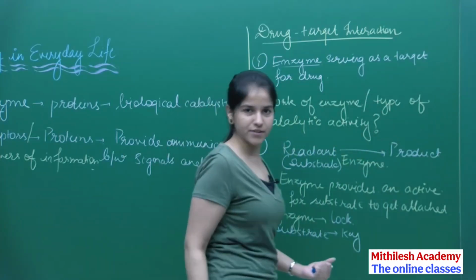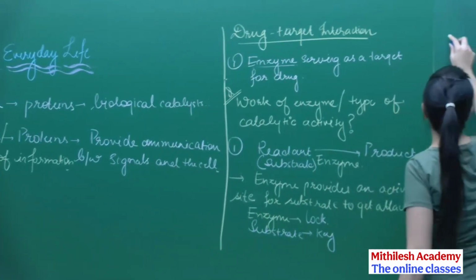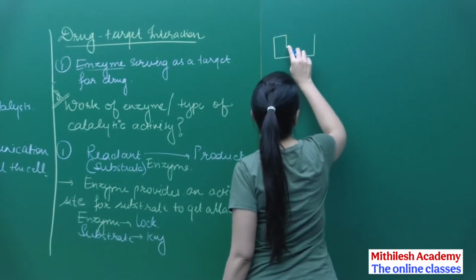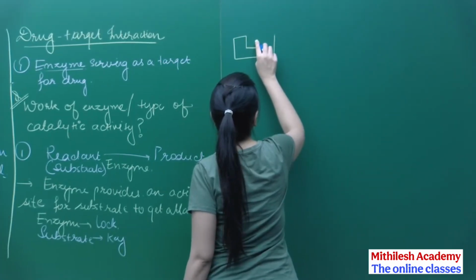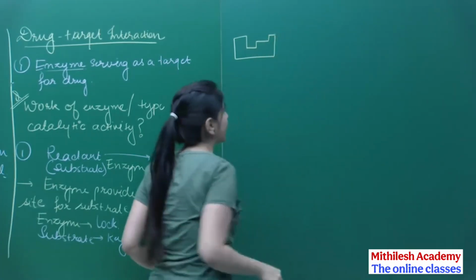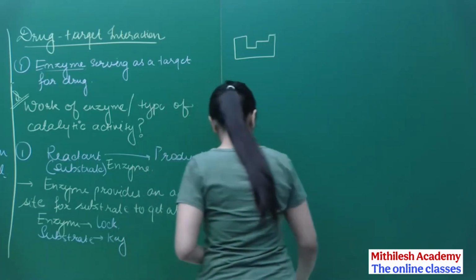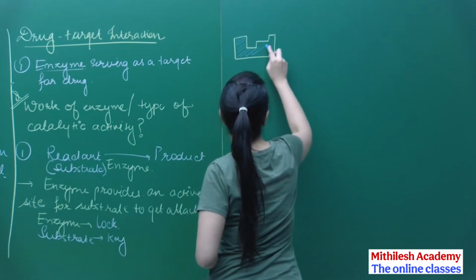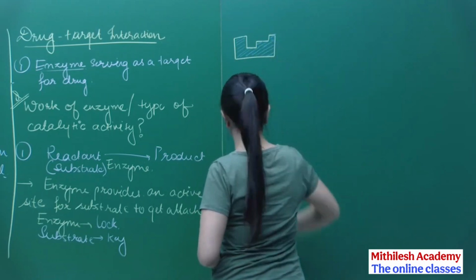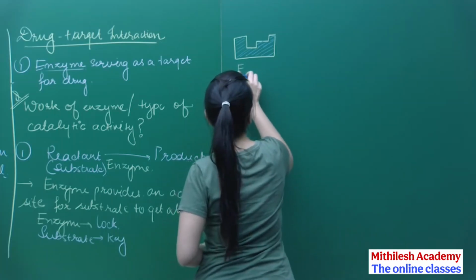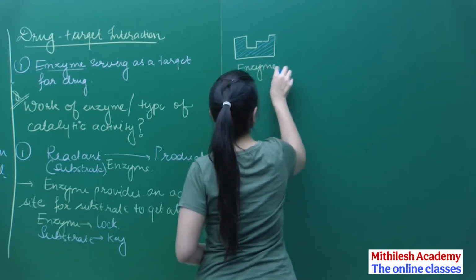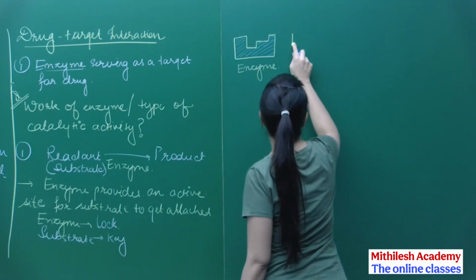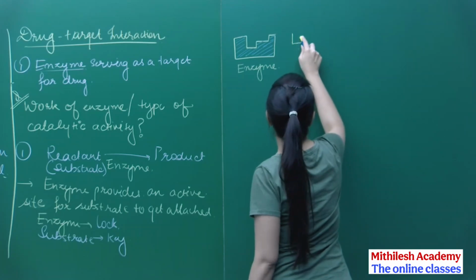That means how am I going to draw this very case? So here, imagine that this is an enzyme, so I am taking this as the enzyme. And I have got a substrate of this very shape.